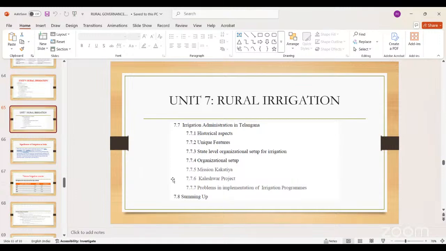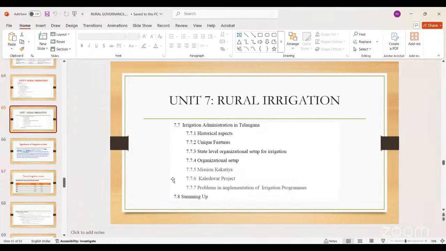But by 2014, these tanks still remained more than 46,000, but half of them were dry. So the farmers started depending on dug wells for agriculture. When the water table depleted, these dug wells used to get dried up. So what will happen after that?